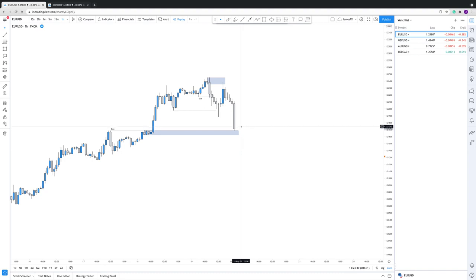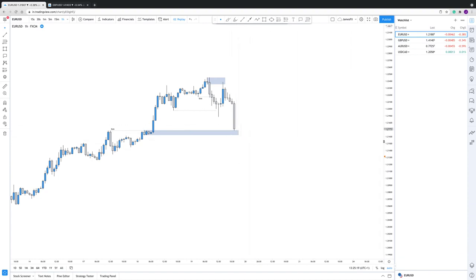So what we could do on a lower time frame is wait for price to slow down, show us that it actually wants to respect this area, and go long from here to potentially back up to these highs. But if we get another candle, something like this, that just completely destroys this demand level, then it hasn't held. So we can just deny it and move on and look for bearish structure and look to get short.